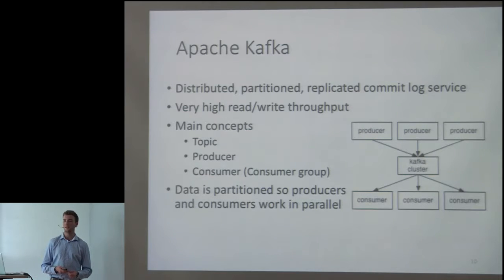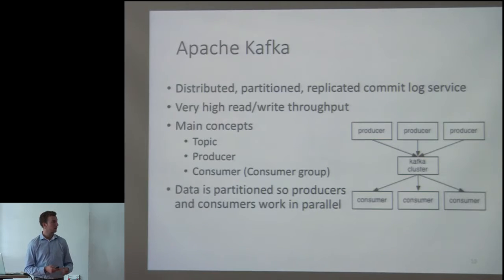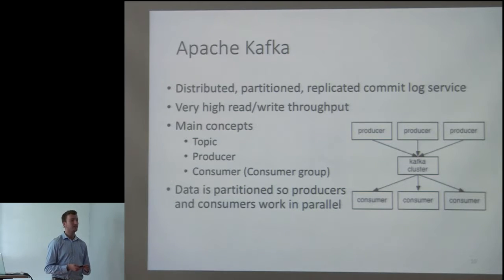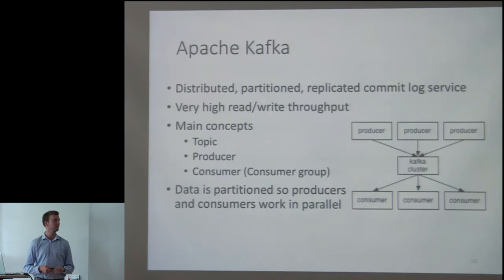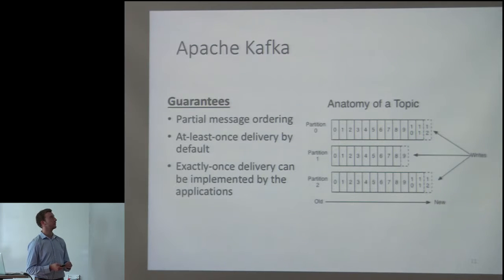They can subscribe to topics, and they can be organized into consumer groups, and each message in a specific topic will be sent to exactly one consumer in a consumer group. And the important thing is that all the Kafka topics are partitioned. So in each topic, we have multiple queues, multiple partitions, and we can use this to read and write in parallel. So what kind of guarantees can Kafka provide us?